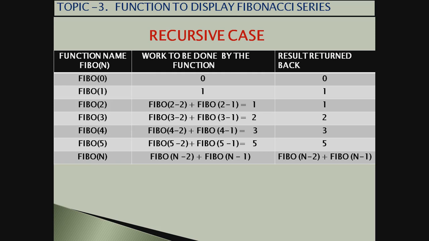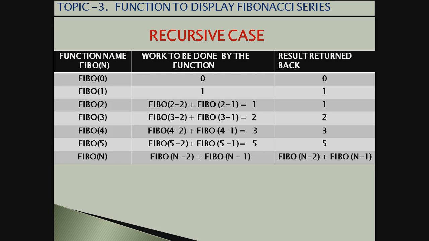See, FIVO5 minus 2 plus FIVO5 minus 1. So if I consider n to be 5, then 5 minus 2 and 5 minus 1. If n is 4, then also 4 minus 2 and 4 minus 1. If n is 3, then also 3 minus 2, 3 minus 1. So our FIVO_n minus 2 plus FIVO_n minus 1 is the generic recursive case.